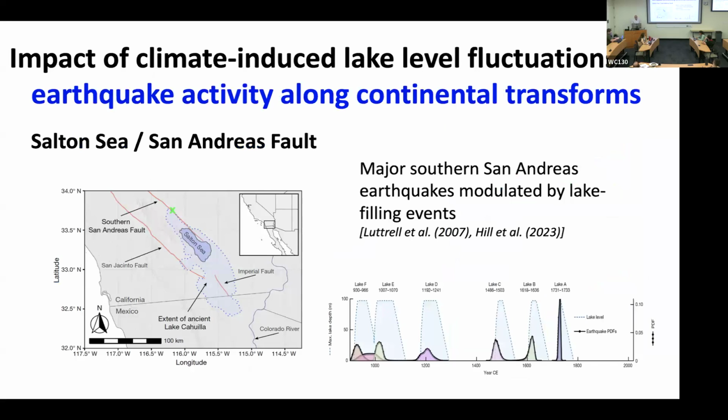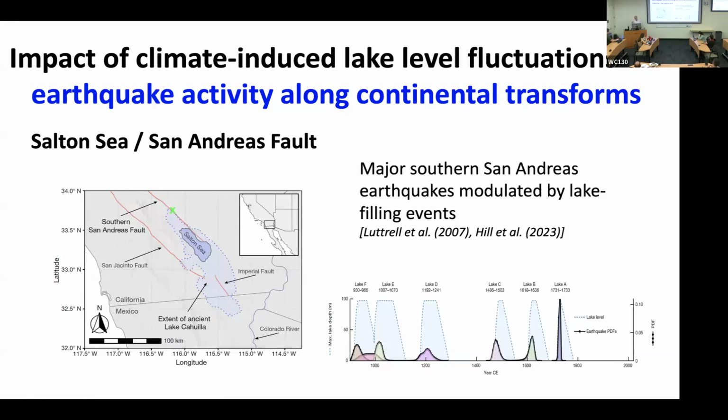So when we look at what happened along transform faults, there were several studies that looked at it. This is the Salton Trough in Southern California. People who studied that, we can see a couple of studies, noticed that the major earthquakes in this segment of the Southern San Andreas Fault occurred during high lake level in the Salton Trough.